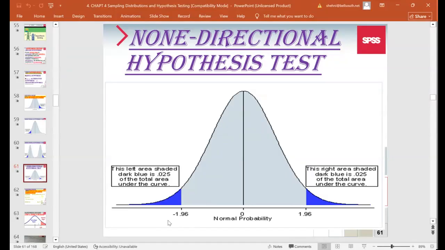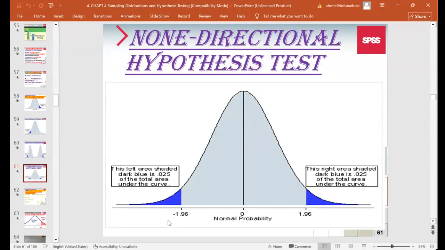You're saying left, they have a low IQ. But if you just say something about the effect of nearsightedness on IQ, you don't know. You're not saying it's higher or lower. So with that, you cover both tails.